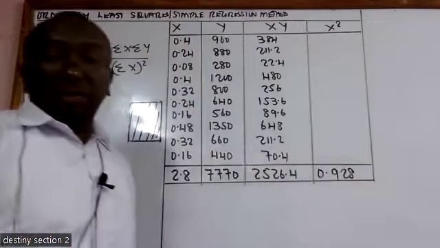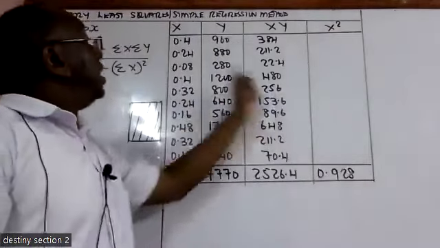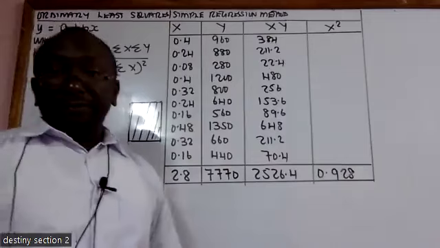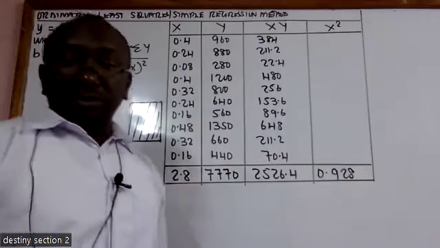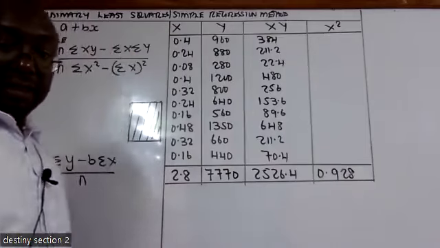By the way, you don't have to struggle writing this. You can just put the figures in the calc. I think those who are in my QA class, I must have shown you how to use the calc direct.